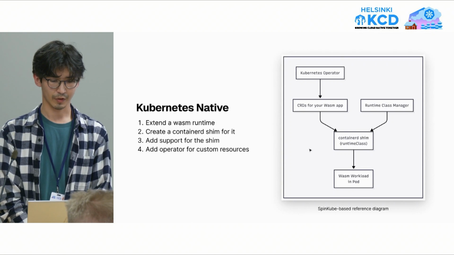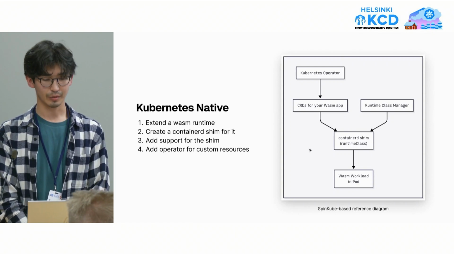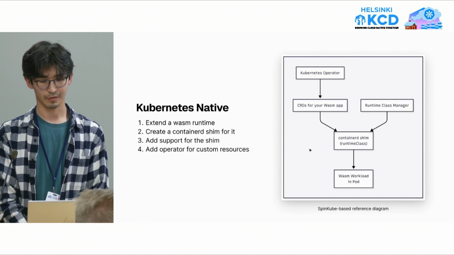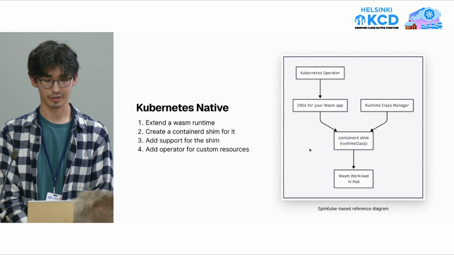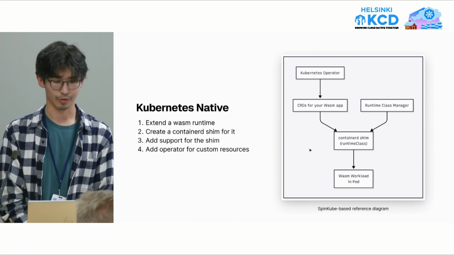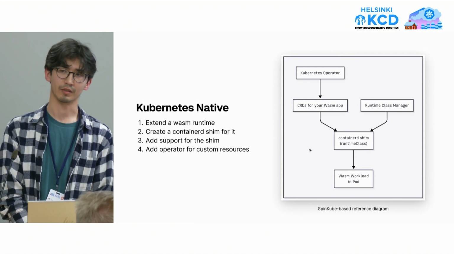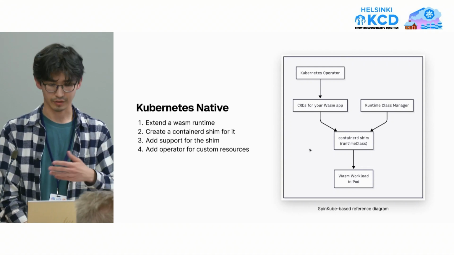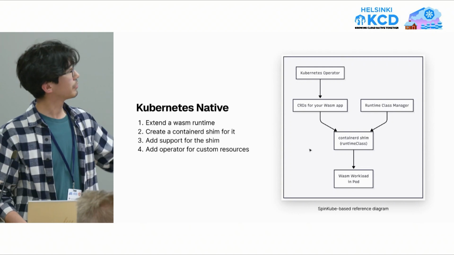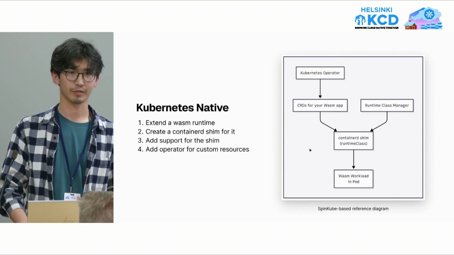Then they created a containerd shim for it, and then you would need to add support for the shim in your container environment, and then add the operator for your custom resources if you are defining how your Wasm workload is orchestrated in some custom way. So there are two parts to this. On the left, you can see basically the Kubernetes operator for your custom resource definitions.